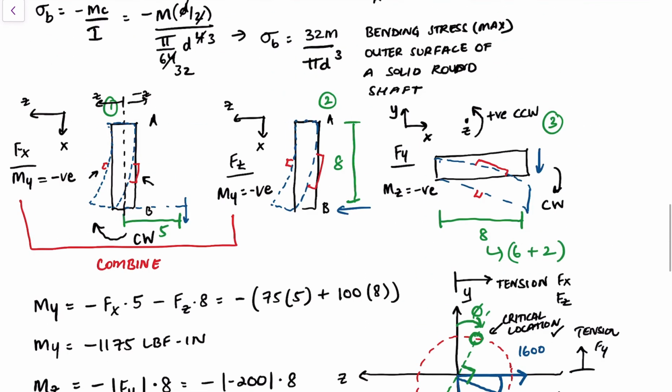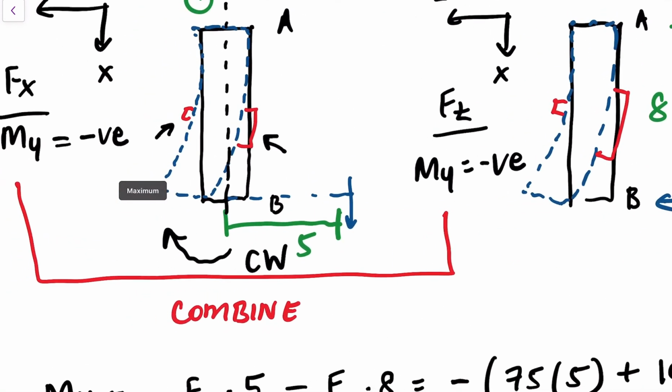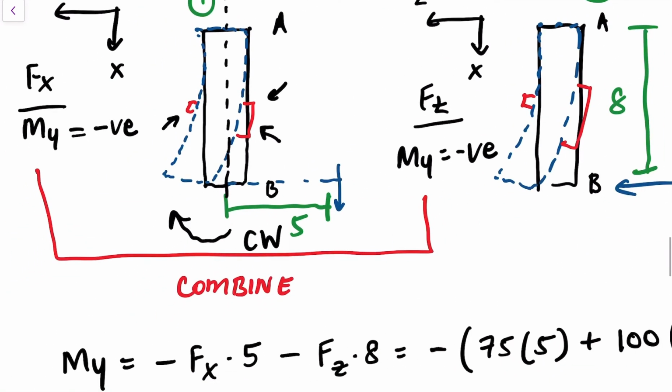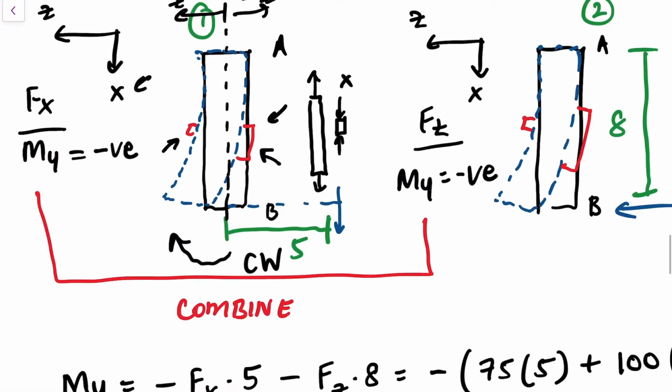Because if you look up here, right, this element here is stretching or compressing in the z direction, right? You have your z-axis right here. So it's compressing or elongating in the x.